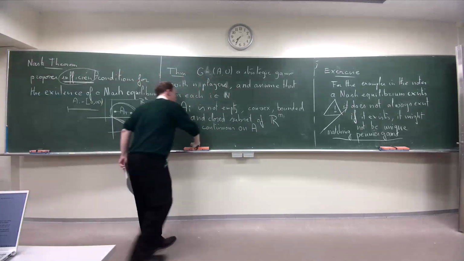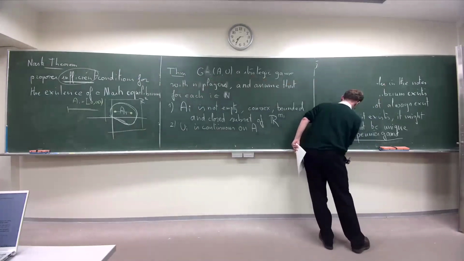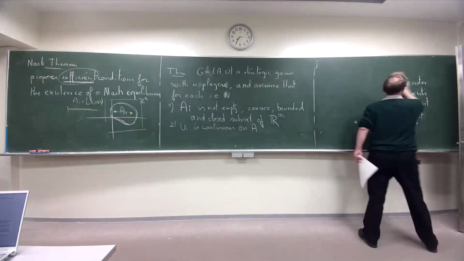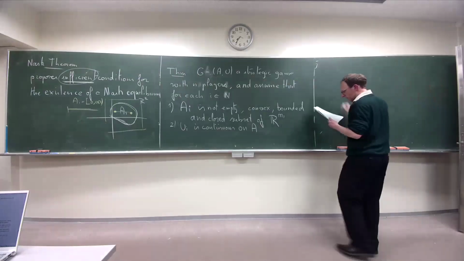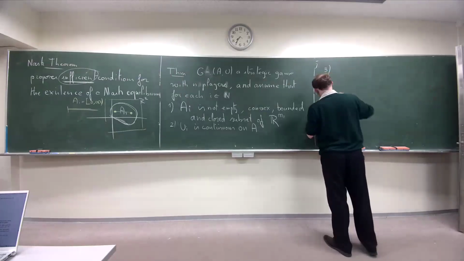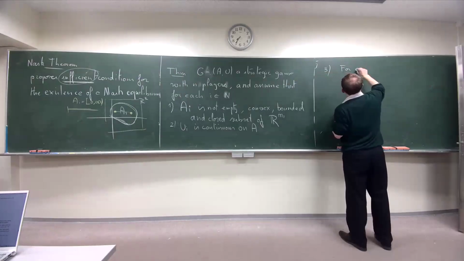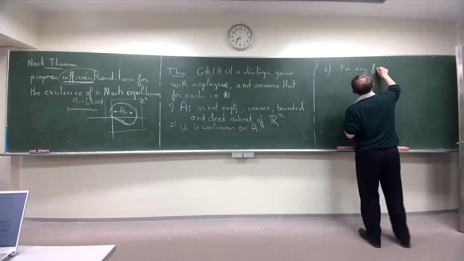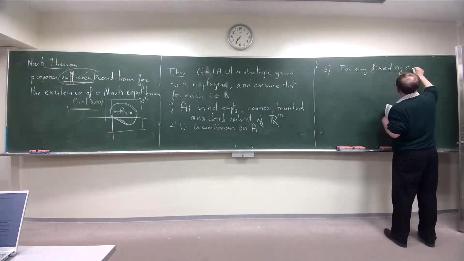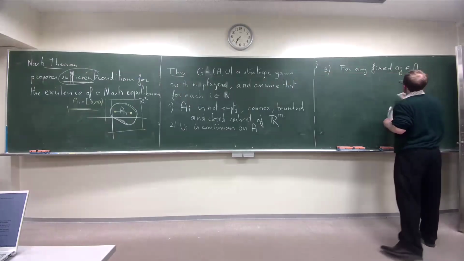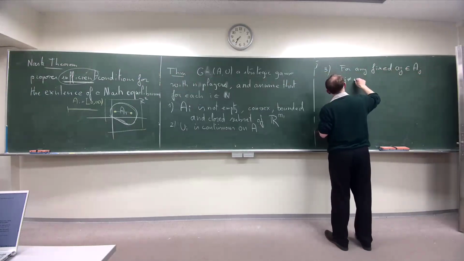And there is a third condition, which is not completely trivial. For any fixed Aj belonging to Aj for j different from i, we will see.